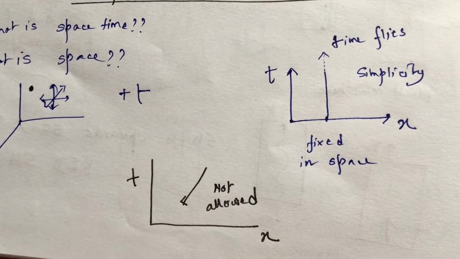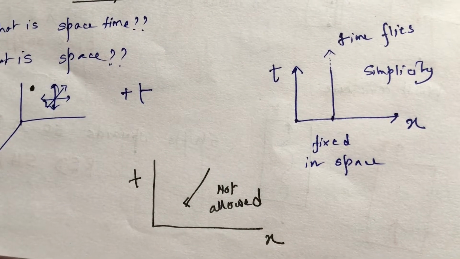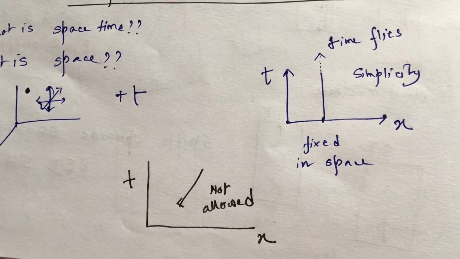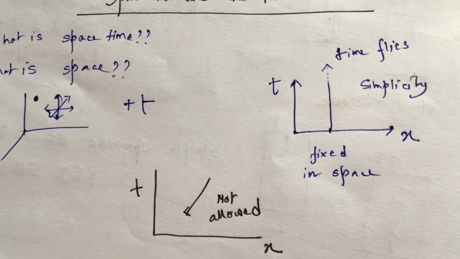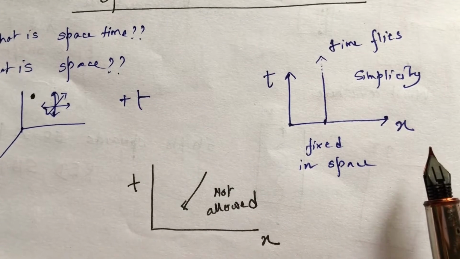So this relative position is fixed in space, but time flies. My clock will tick continuously. And for simplicity, we are not considering y and z dimensions, we are considering only x.